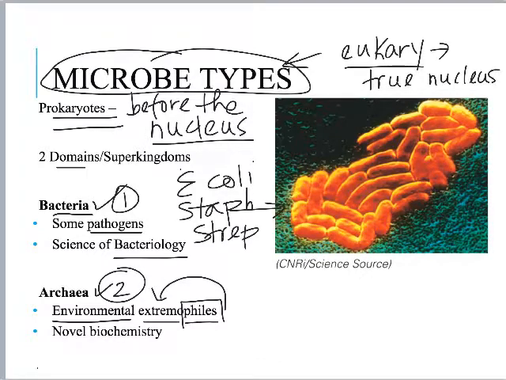Environmental extremophiles live in very extreme conditions, places like Yellowstone in the hot springs, the deep bottom of the ocean, in ice, in high salt. They live in really different places. What's special about them is that they have novel, very different biochemical pathways. They're totally different, and those actually end up being useful to us, and we can talk about that more as time goes on.